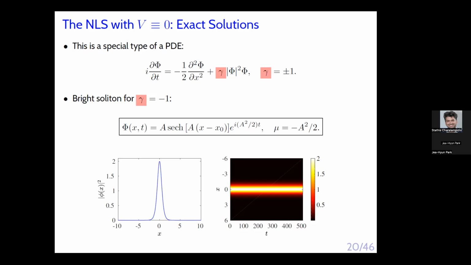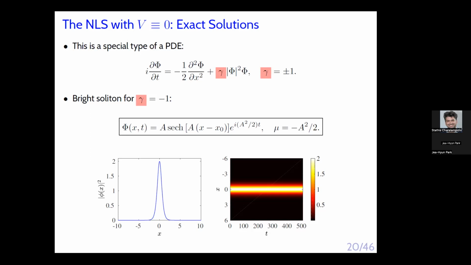It has the form of a hyperbolic secant, where its spatial profile, the mod square, is shown here. It has a bright bump, if you like. That's why people call it a bright soliton. It is a dynamically stable solution over the time propagation here.